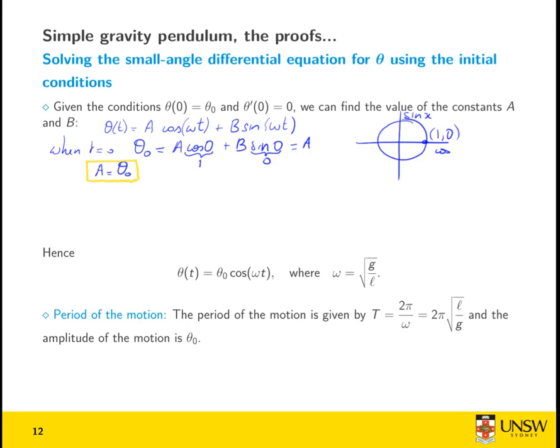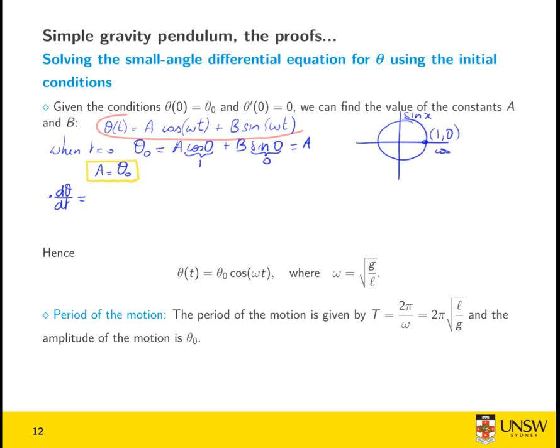The other initial condition we have is that the initial velocity is 0. That is, the derivative of theta when time is 0 is 0. So we would like to sub in to the derivative of theta, but we don't have it yet. So now the plan is clear. We first calculate the derivative of theta with respect to time.